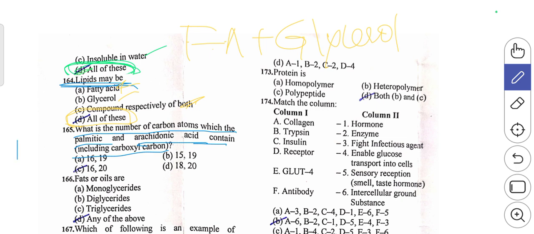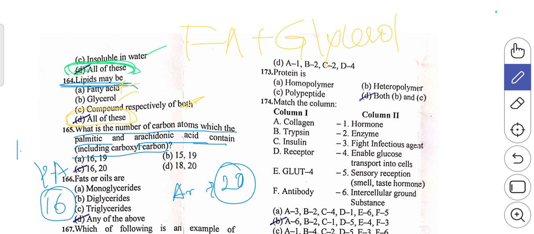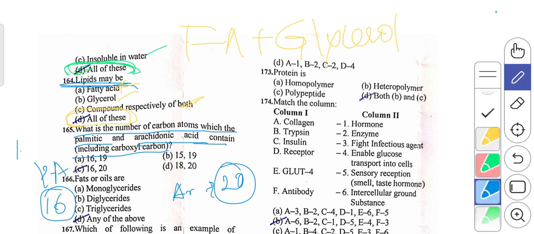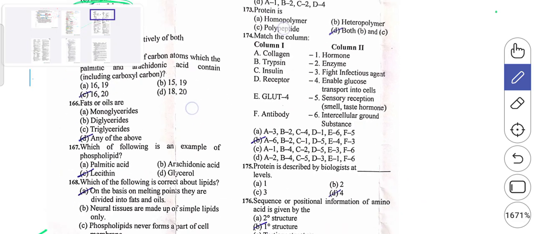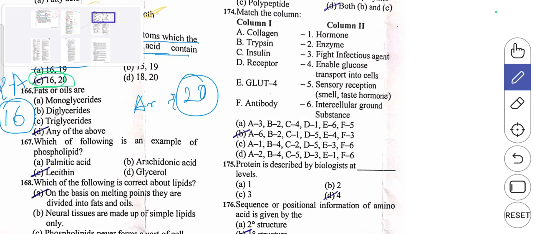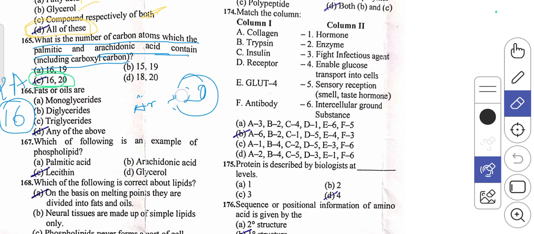Palmitic acid contains 16 carbons, whereas arachidonic acid contains 20. So the right answer for this question is 16 and 20. A direct question. So next one.